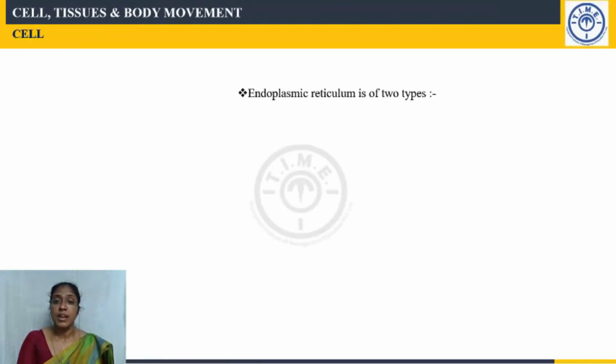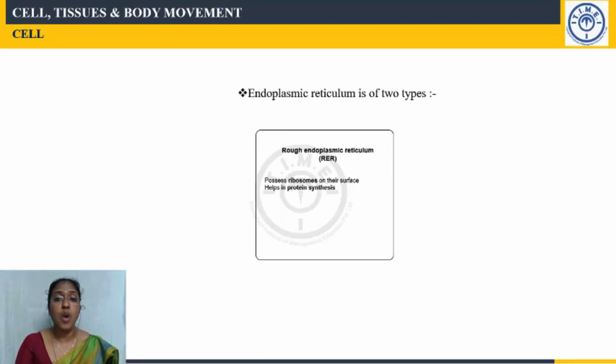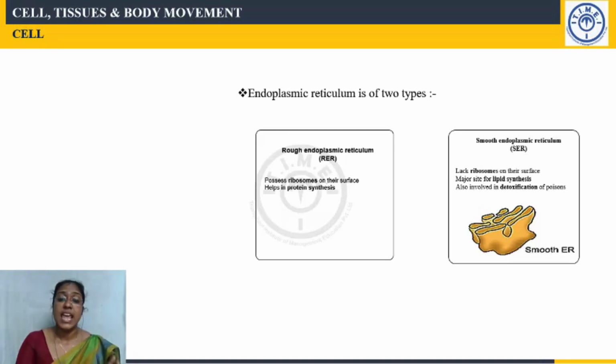Endoplasmic reticulum is of two types. How are they differentiated into two types? There is rough endoplasmic reticulum, abbreviated as RER, and another one is smooth endoplasmic reticulum.